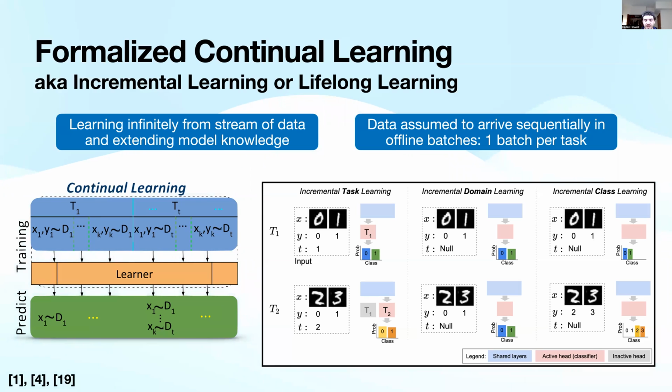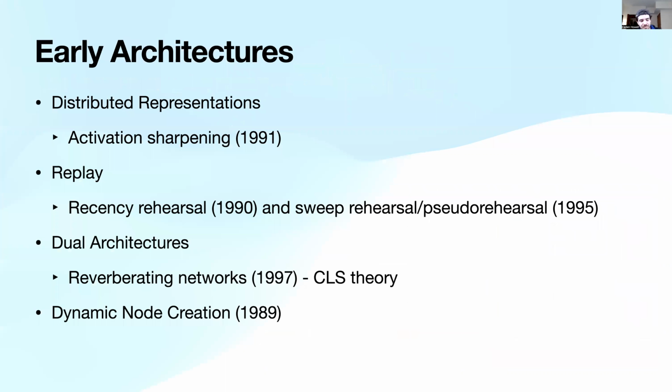In incremental domain learning, you actually say that the labels between the different tasks are the same. So in this case, you might have inputs that are from different distributions and have different values, like 0, 1, 2, 3, but you're trying to perform the same task on them, in this case maybe binary classification of some kind of feature. So again, it's a single head model. And those are the three types that we deal with.